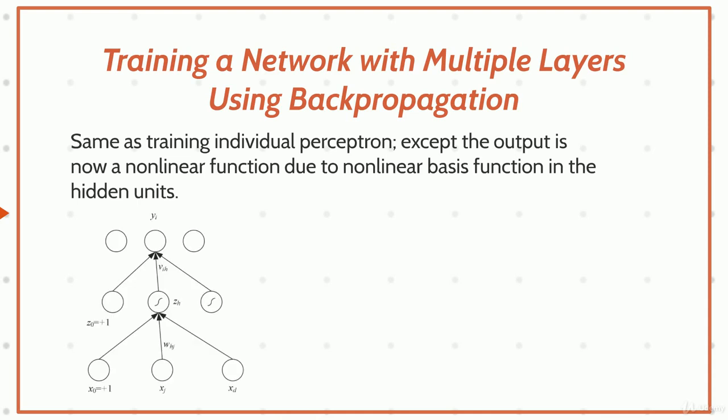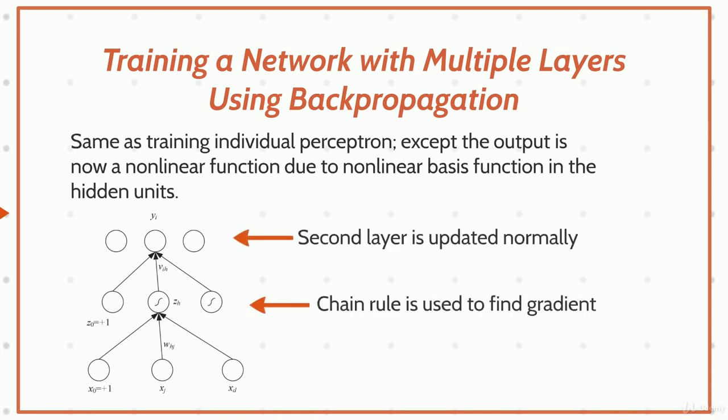So if we once again look at our diagram of this two-layer system, and we consider the hidden units, the hidden units are going to be inputs, and the second layer is a simple perceptron. As such, its parameters are updated normally, but for the first layer weights, we need to use the chain rule to calculate the gradient.